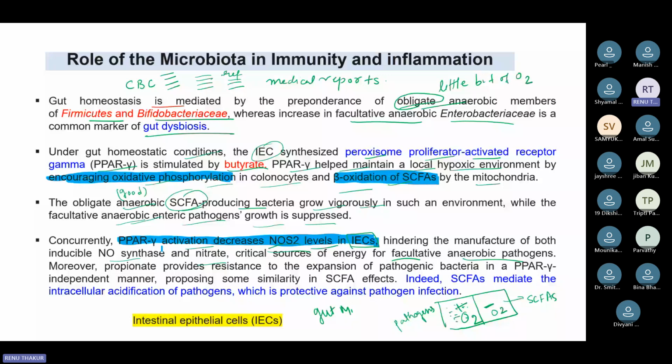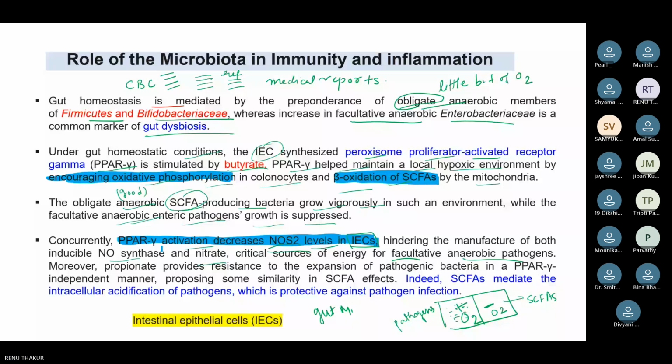So I hope I am explaining it in a simple, proper way. I'm trying to explain that this PPAR gamma is doing a very good thing. It will not support the growth of facultative anaerobic pathogens. Because if a little bit of oxygen is present, facultative anaerobic bacteria can grow.